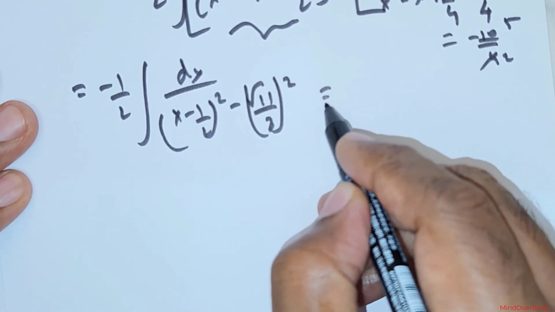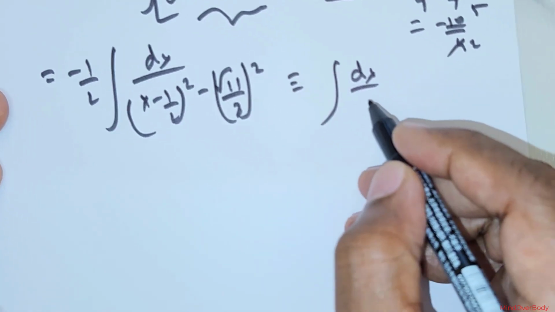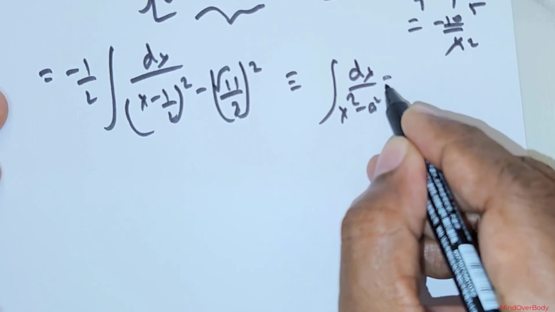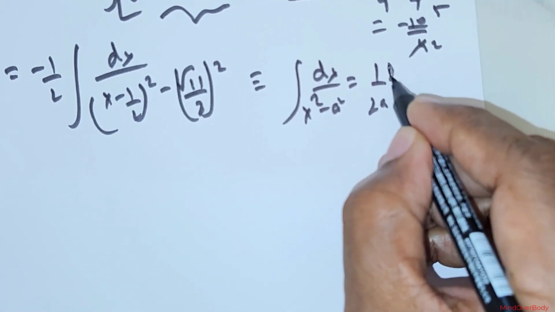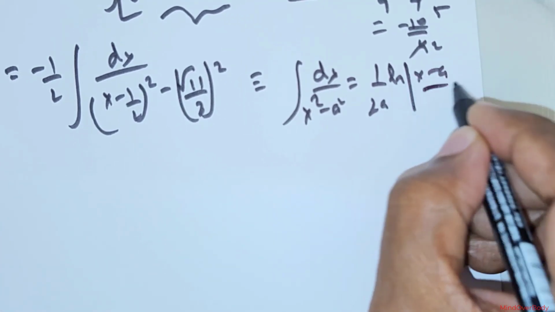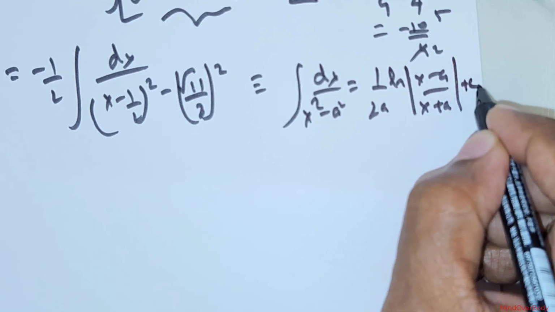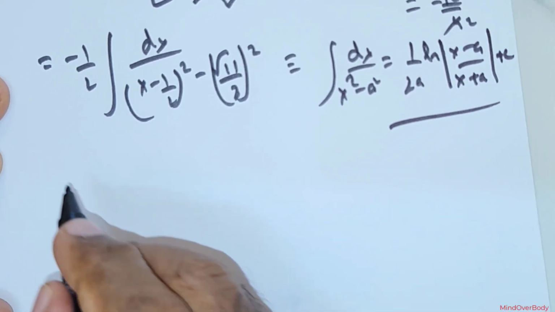Now this is likened to the standard integral dx over x² - a², which has the formula 1 over 2a ln of modulus (x - a) divided by (x + a) + c. That's a formula.